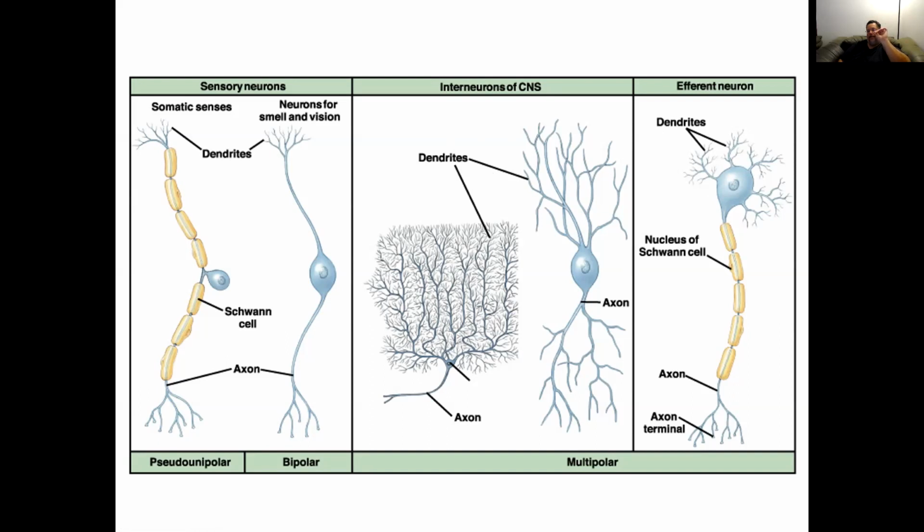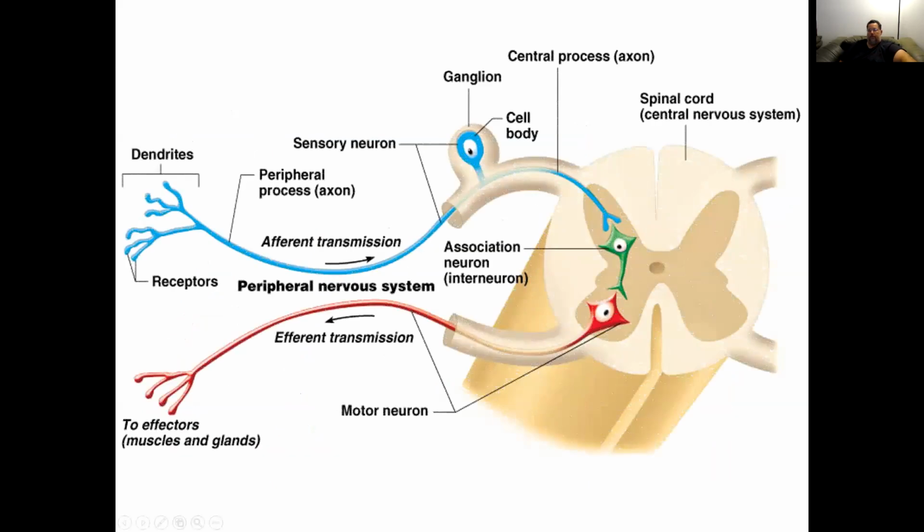And they're found in the central nervous system, where the integration takes place for your brain or your spinal cord to interpret information from the afferent neurons. And then your body's response will be coming down the efferent neurons, the effector neurons.